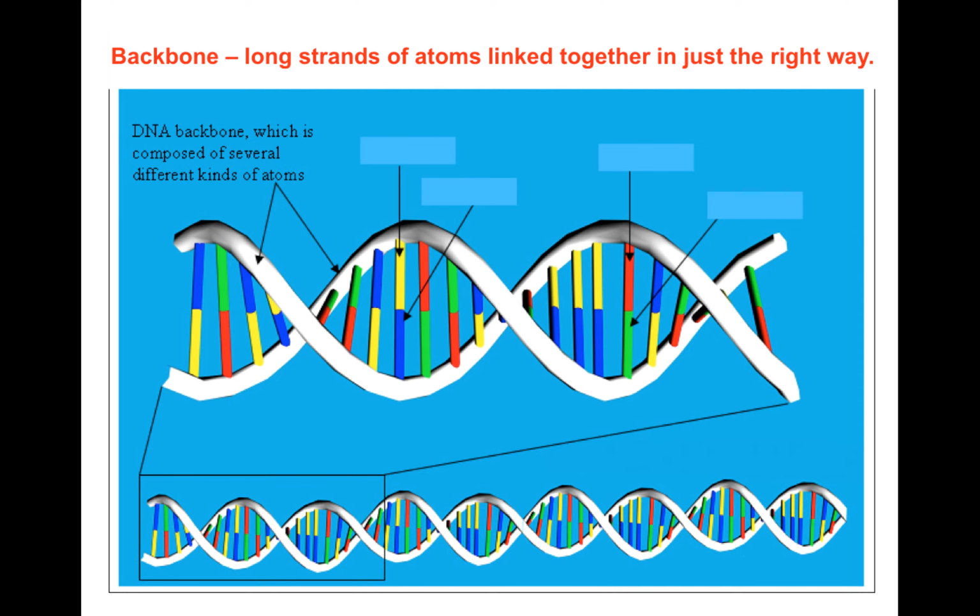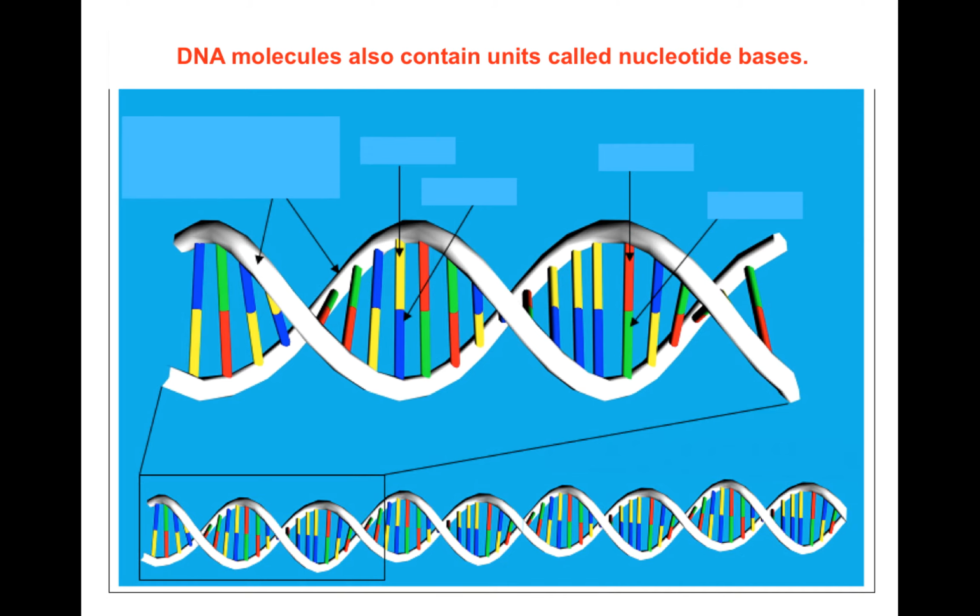So when we look at this double helix structure, there's a couple different parts of it that we want to point out. First is the DNA backbone. These are the long strands of atoms that are linked together in just the right way. DNA molecules also contain units that are called nucleotide bases.